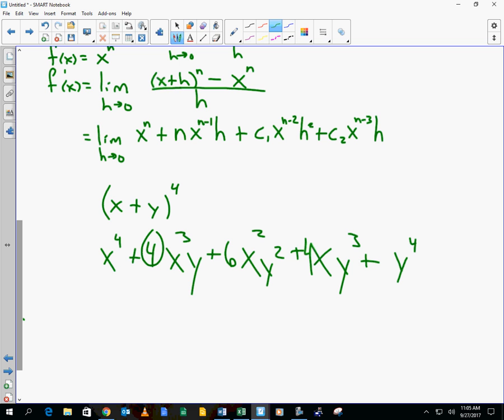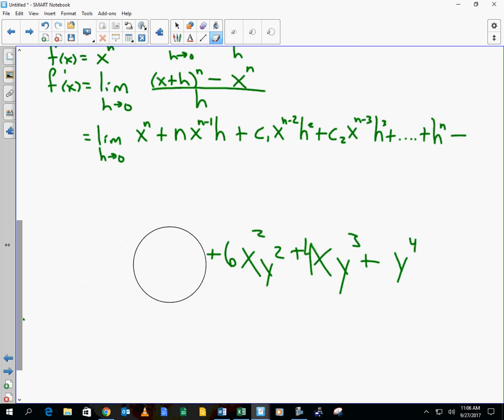It's going to be h to the third. What will your very last term be when you expand out x plus h to the nth? It'll be h to the nth. Everybody agreed? H to the nth. And then minus, what do I have? X to the nth.